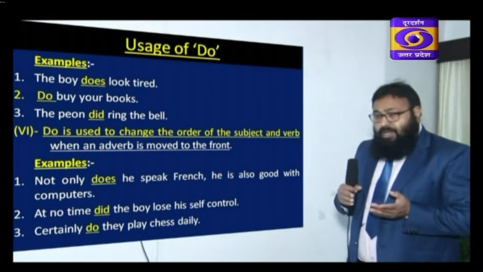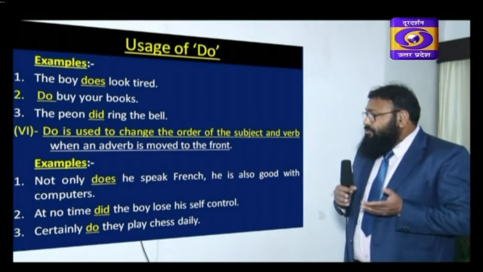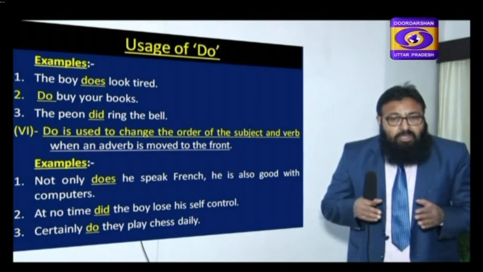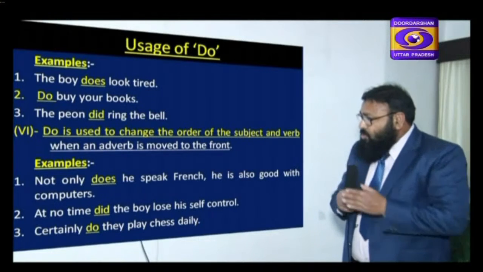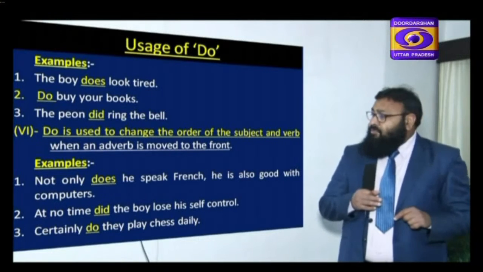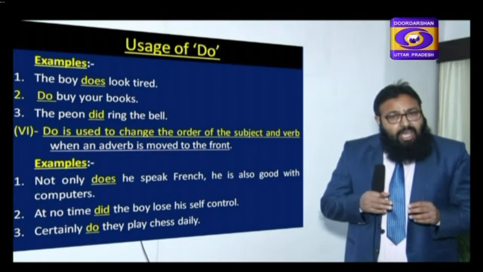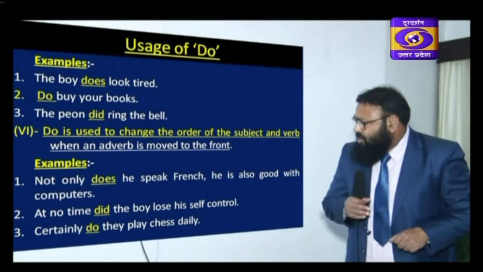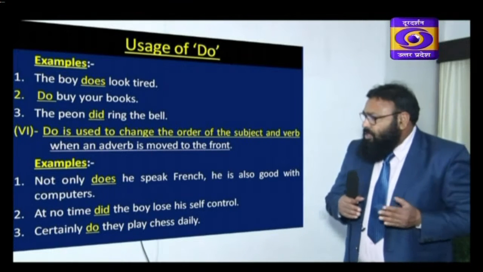Examples are: not only does he speak French. Here, the adverb not only has been used. So what we do, we take out the helping verb and we put it before the subject. Not only does he speak French, he is also good with the computers.